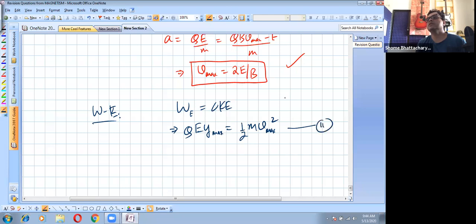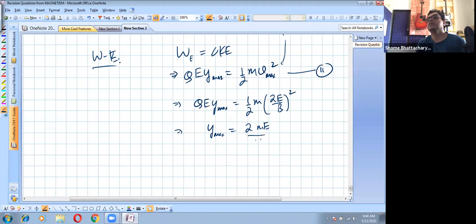Now substitute this here. So we have QE Y max equal to half m (2 times E by B) whole square. As you can see from here, you will get Y max as 2 m E upon Q B square, which we had also got from the differential equation method earlier.